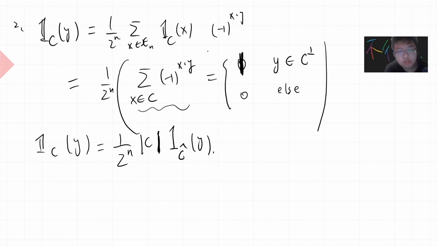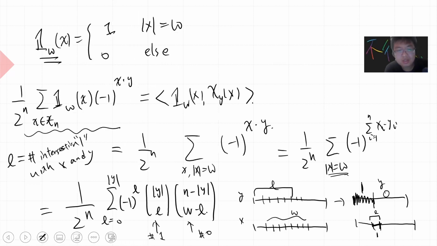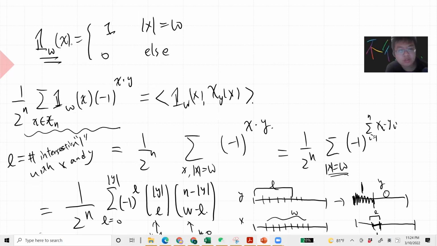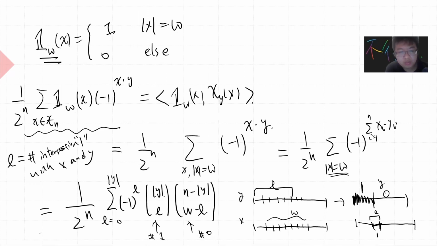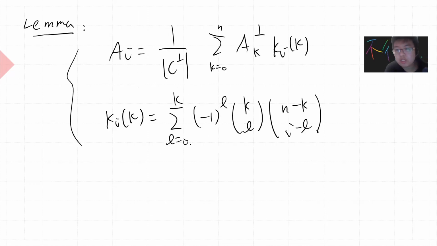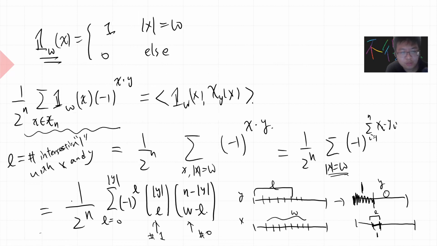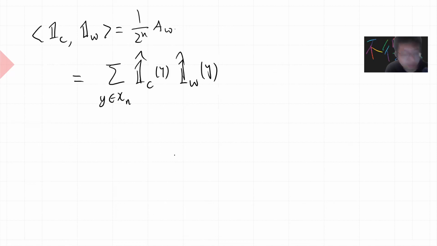Then you see that this is just this, and this is just this weird guy. Before this is K_i(k), so let's give it a name.